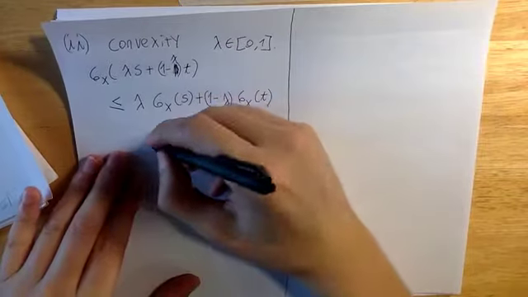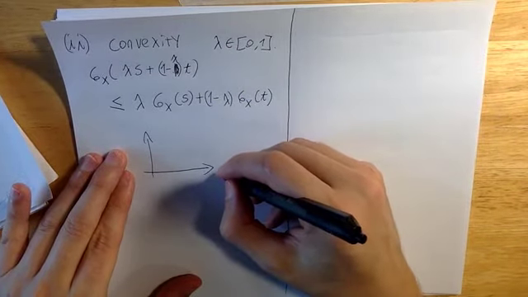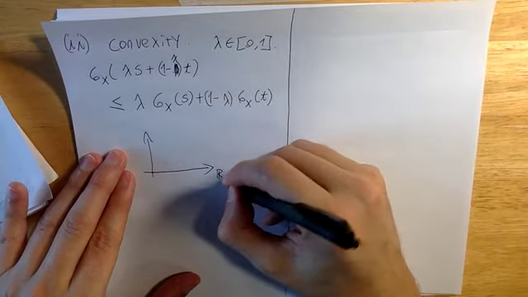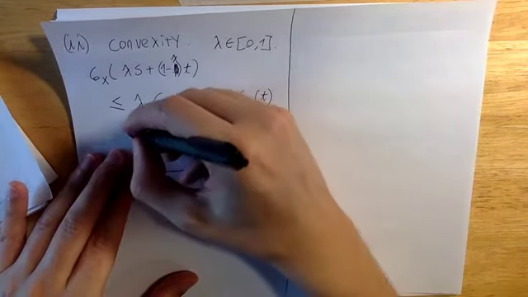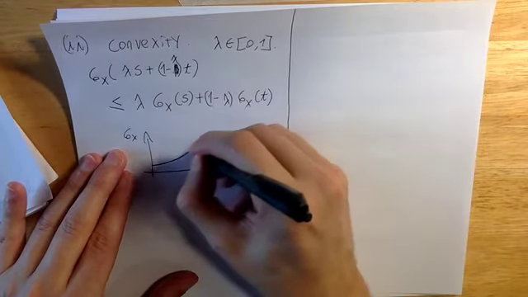Okay, so if we make a drawing, this is R plus or 0, 1, let's say, and this is gx. So g of x has a shape like this.